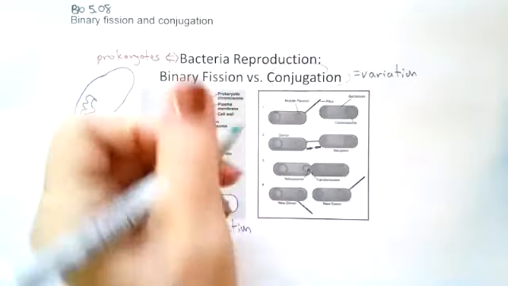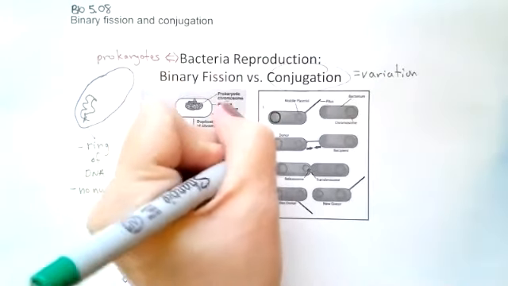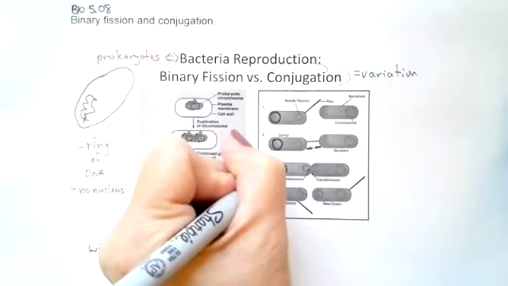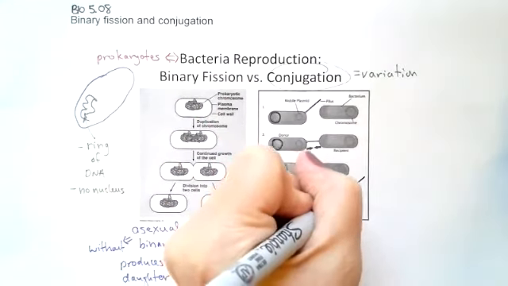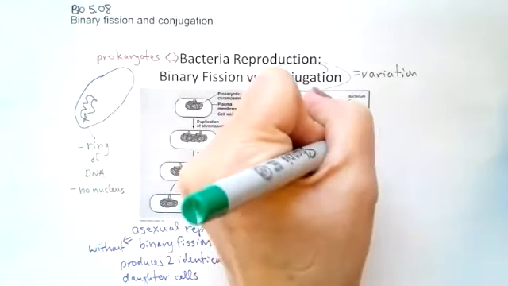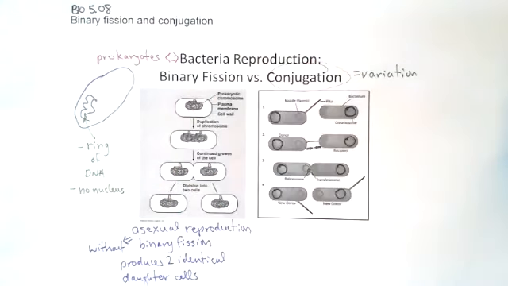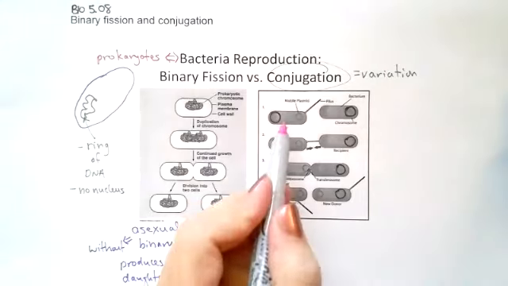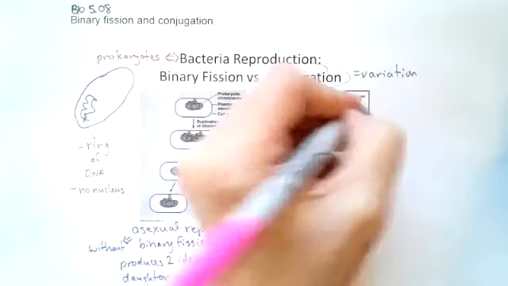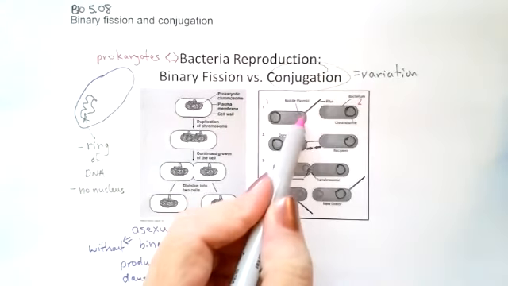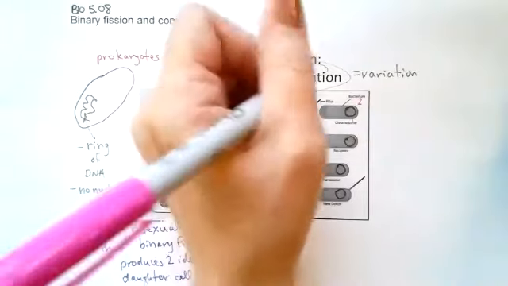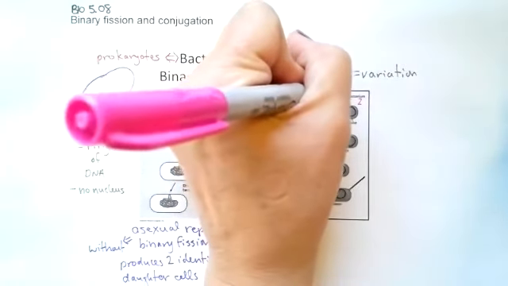So in this diagram, let's make the genetic information green. This is their DNA. We've got two bacteria here next to each other. It doesn't look very green, does it? So this is bacteria 1 and this is bacteria 2. They have structures that stick out, called a pilus.